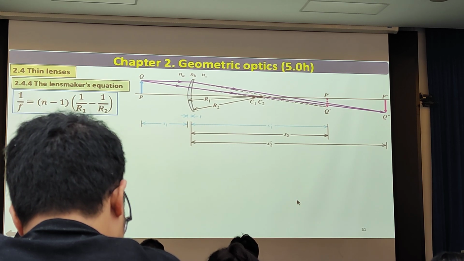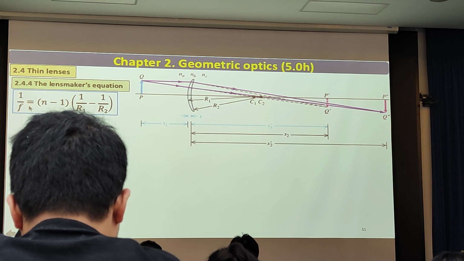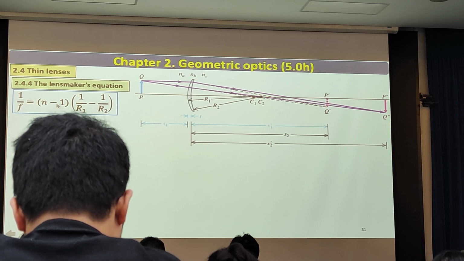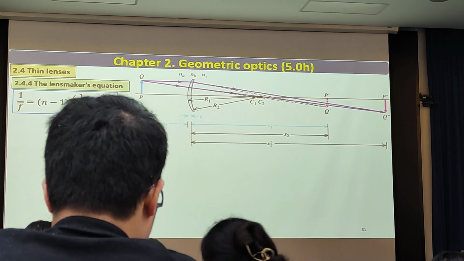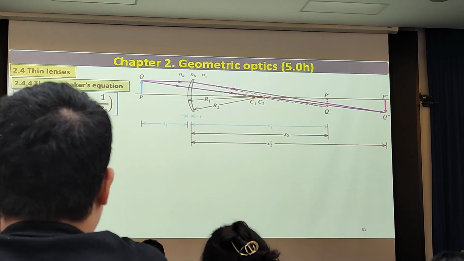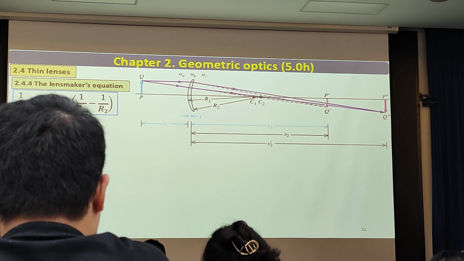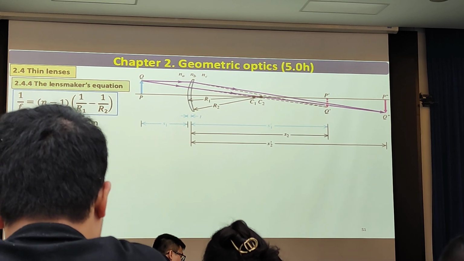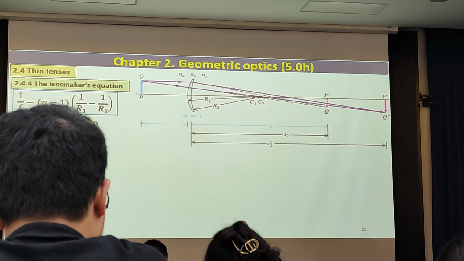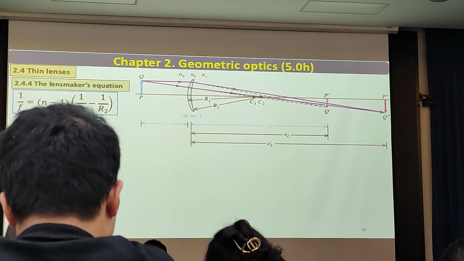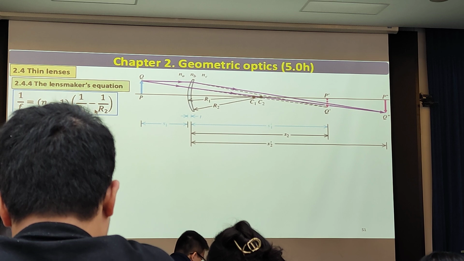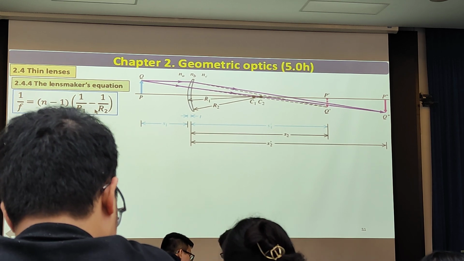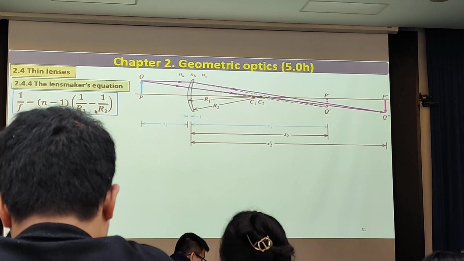So you will finally have 1 over F equal n minus 1 times 1 over R1 minus 1 over R2. And this is the lens maker equation for a thin lens, showing you the relationship between the focal length of the lens, the refractive index of the lens, and the radii of the two curvatures. So that's why it is the lens maker equation for a thin lens.